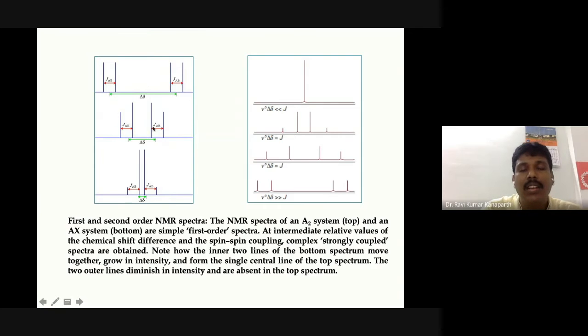Here you can see that these are not really like doublets, right? When you decrease the separation, these are rather like a quartet.